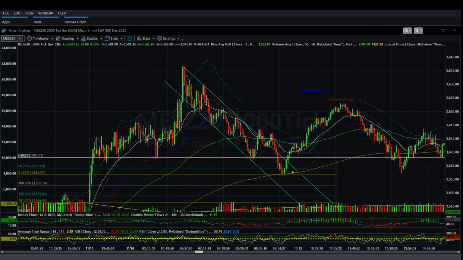So considering all the confluence of these factors, 4 or 5 things, I take my decision. It helps me a lot in my decision process to take the trade or not.